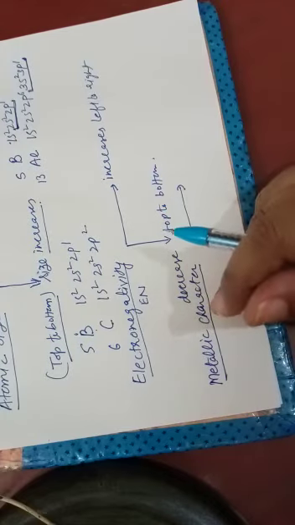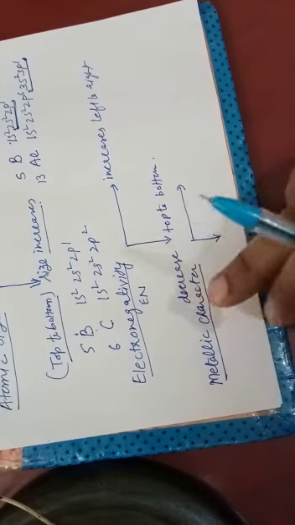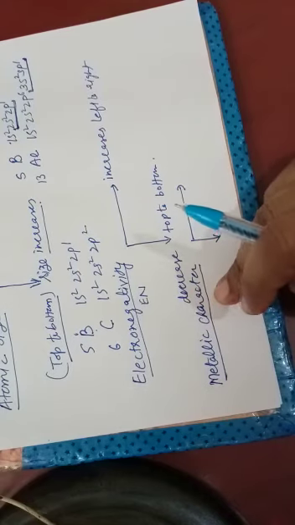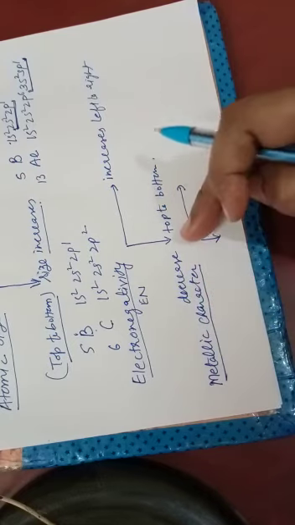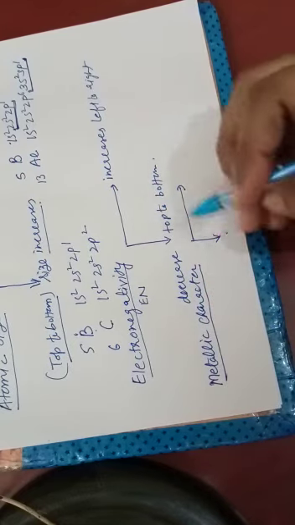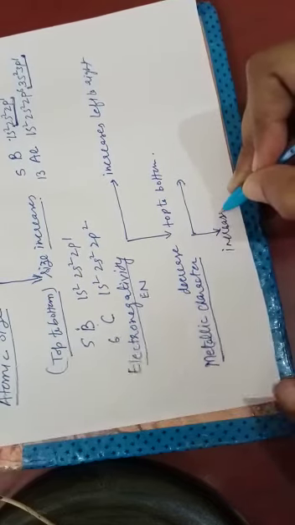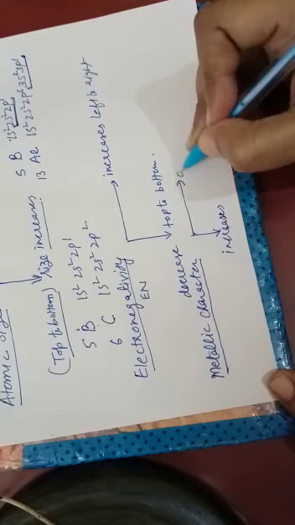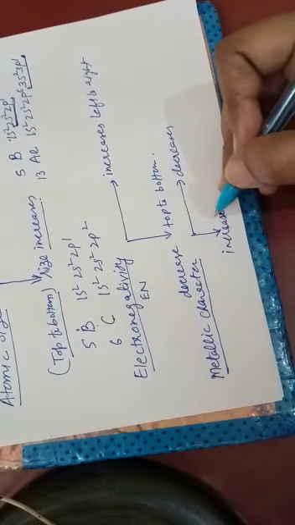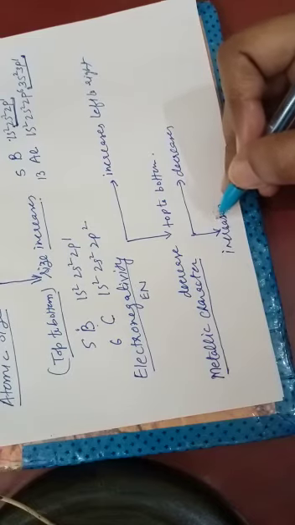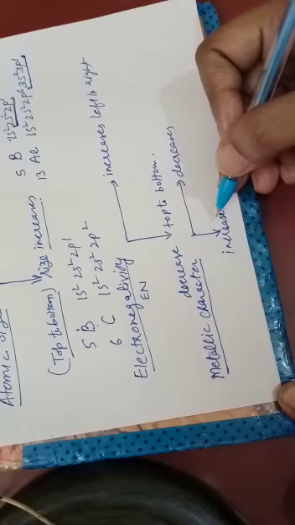If the tendency to lose electrons increases, metallic character increases. When we move from top to bottom, it increases because the number of shells increases. That's why, top to bottom, the tendency of losing electrons increases, because effective nuclear charge decreases.